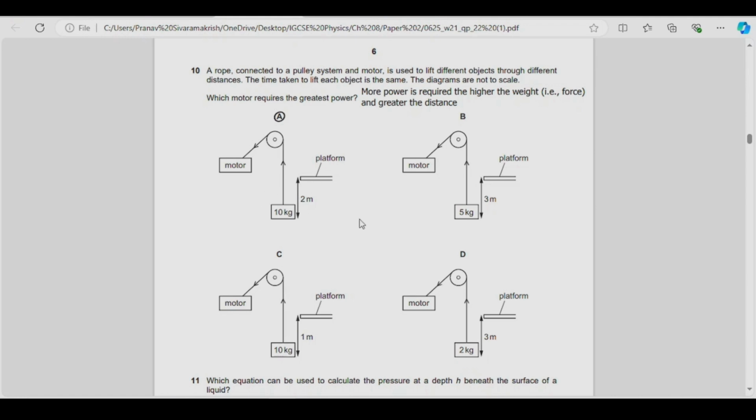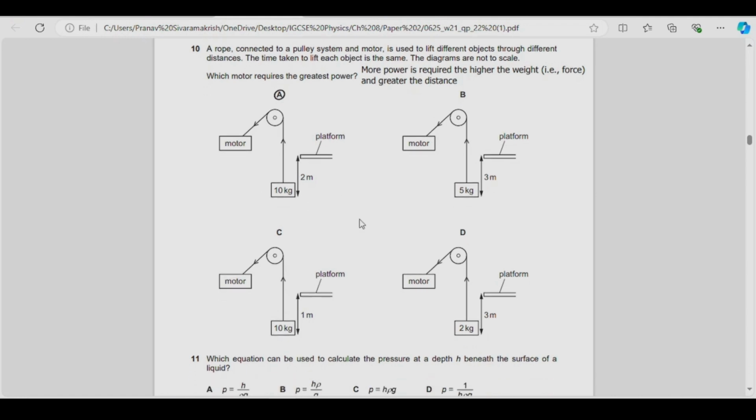Yep. So if you look at the next scenario, we have a 10 kg object moving 1 meter. So that's already less than that, although the masses are the same, and the weights will be the same as well. It's moving a lower distance, which means it needs less gravitational potential energy being transferred to it. So that obviously cannot be right.